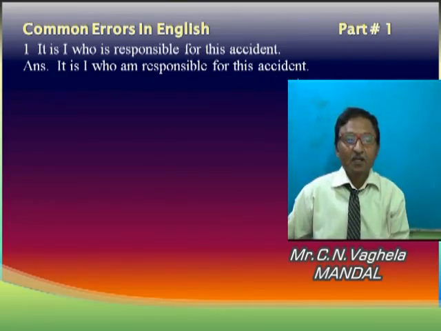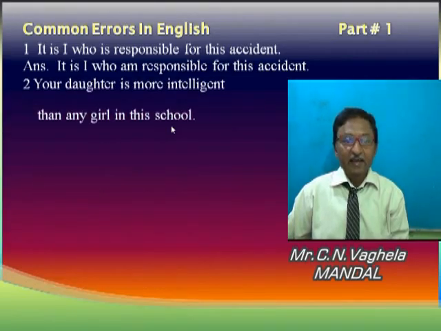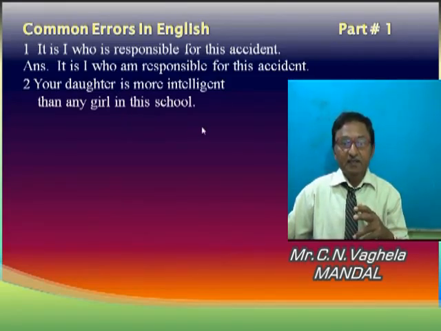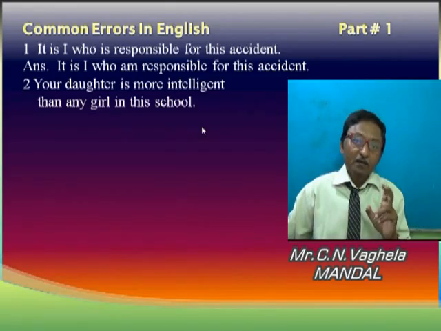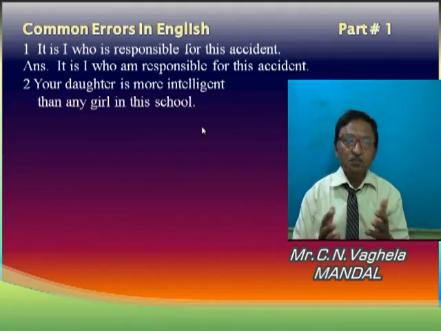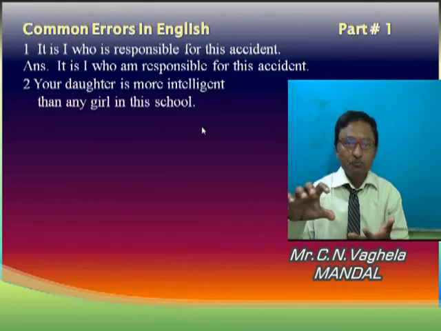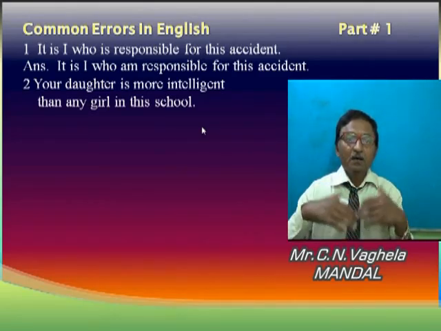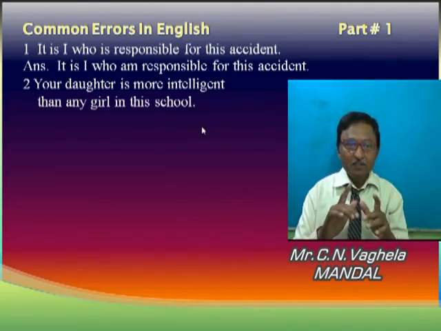Next one. Your daughter is more intelligent than any girl in the school. This sentence is in the comparative degree, and in the comparative degree we compare two things, two persons, two objects, not a single person with a group. Here "any girl" means all girls, so it is wrong.